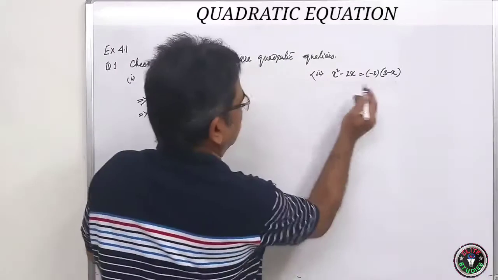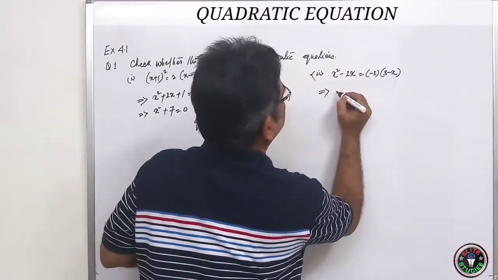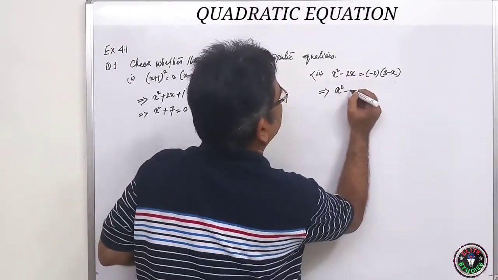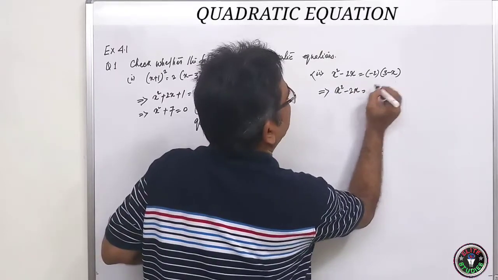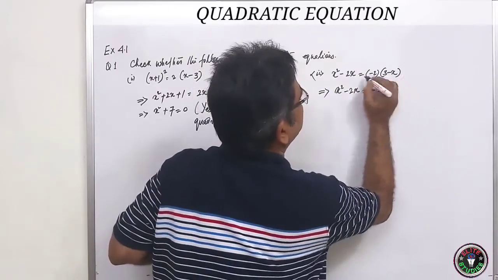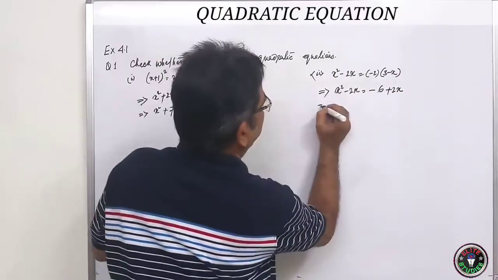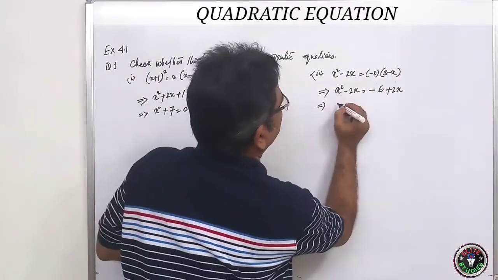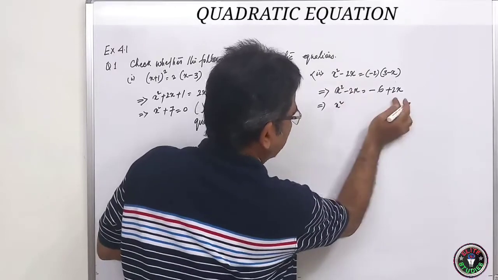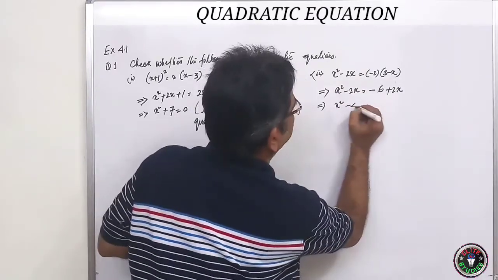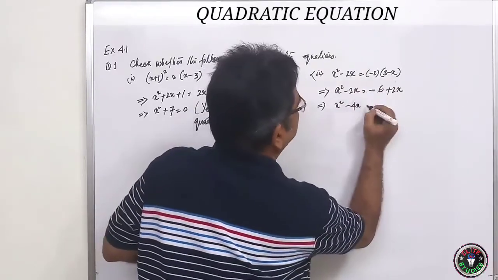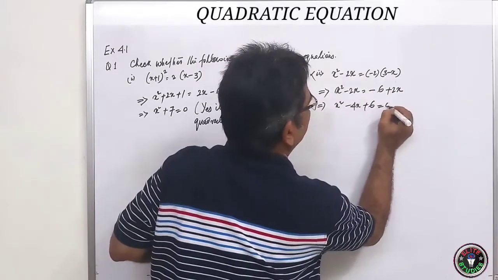Now here, open the brackets. x square minus 2x will be equal to minus 6 plus 2x. So this is x square, minus 2x and minus 2x will be minus 4x, bring it to this side, plus 6 is equal to 0.